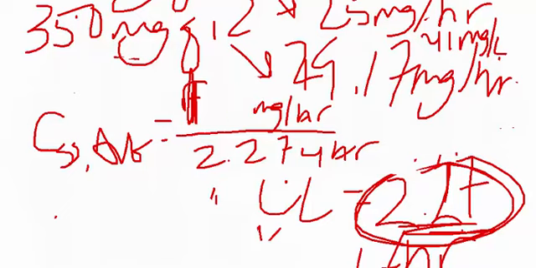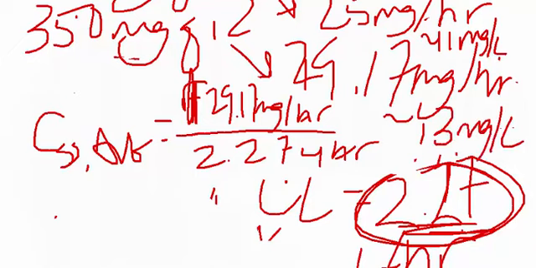And if we give 29.17 milligrams per hour divided by 2.27, we're going to expect about 12.85, so I'm going to say about 13 milligrams per liter.